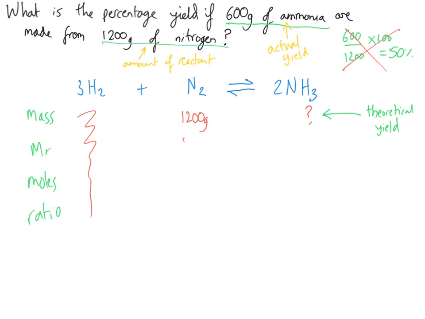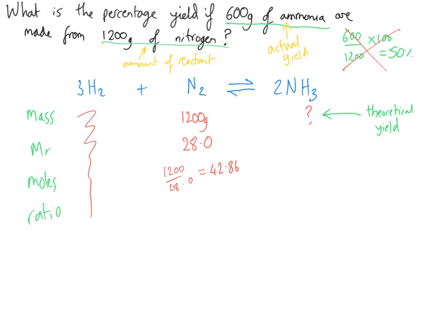The MR of nitrogen is 28.0, and so the moles is 1200 divided by 28.0, which is going to be 42.86. If I'm going to report my final answer to 3 significant figures, by the way, I like to give earlier answers to 4 significant figures so I can then round at the end.